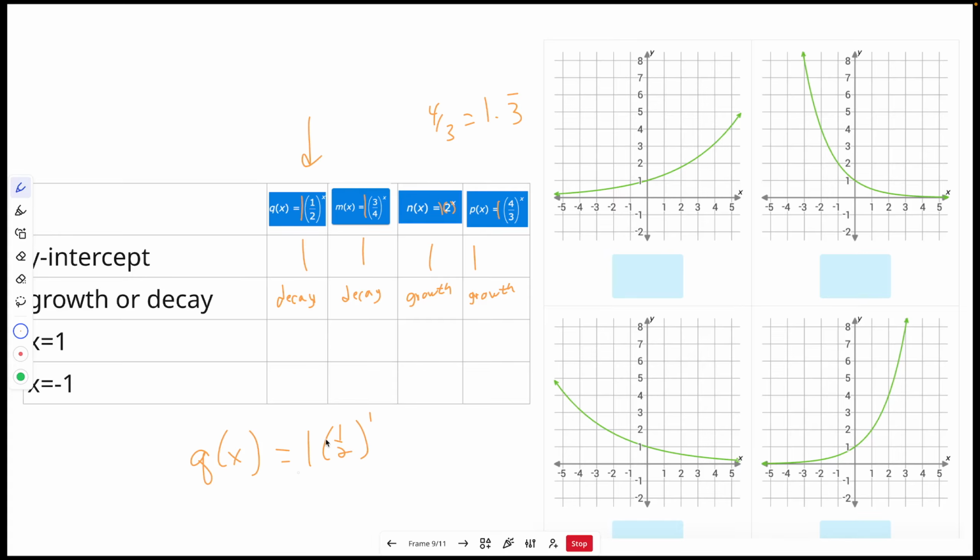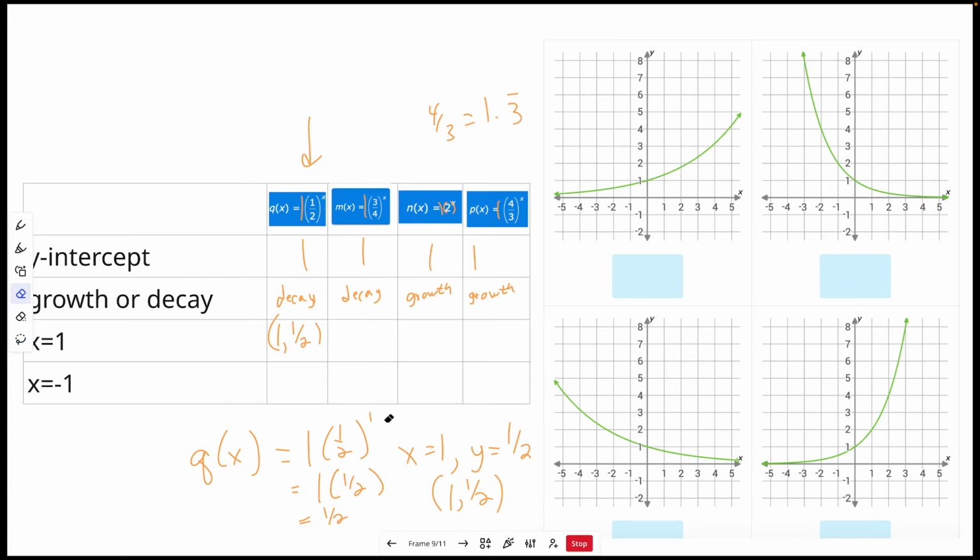And so this is 1 times 1/2, which then equals just a half. Okay? So when x equals 1, we're getting a y value of 1/2. It should hit 1, 1/2. So let's put that in our table. 1 gives me 1/2.